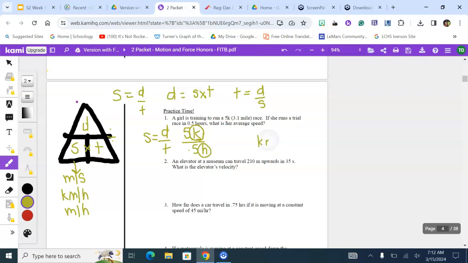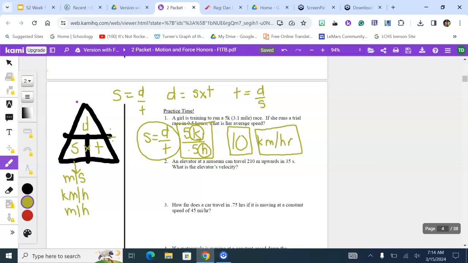So my unit, kilometers per hour. So this is the equation. That's 1 point. This is what's called number substitution. Then you're just going to punch it into your calculator, and 5 divided by 0.5 is 10 kilometers per hour. This is 1 point because it's the answer. This is 1 point for the correct unit.